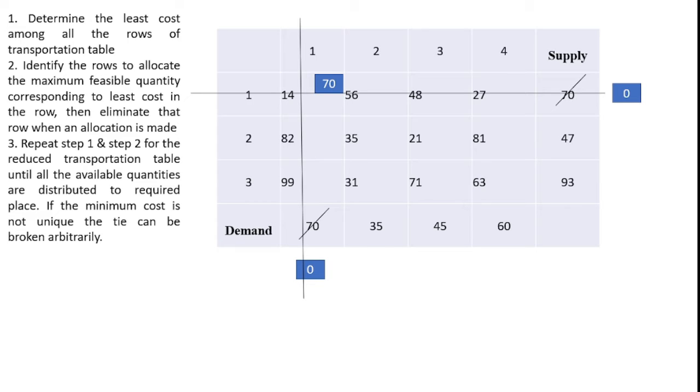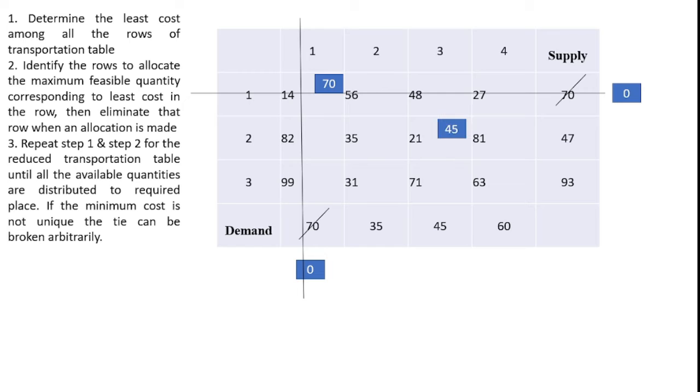So what about the next step? Next, again I conduct step 1: determine the least cost among all the rows of the transportation table. The remaining table has 35, 21, 81, 31, 71, 63, and I compare all the values. 21 is the least cost available.